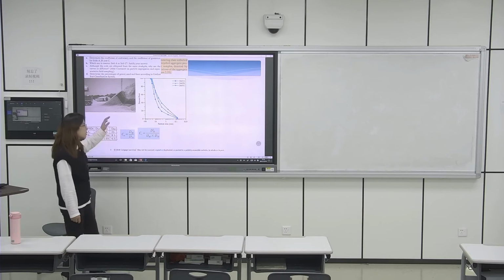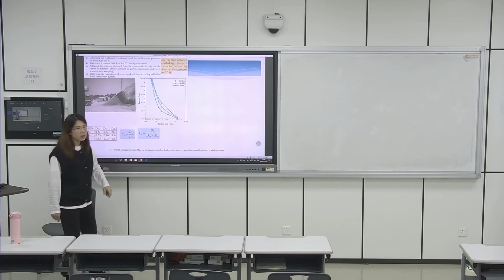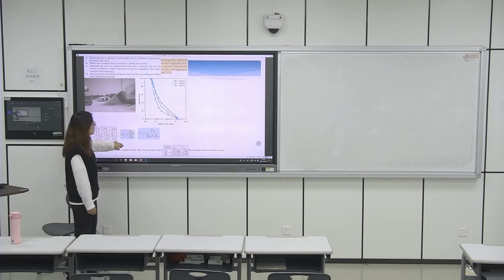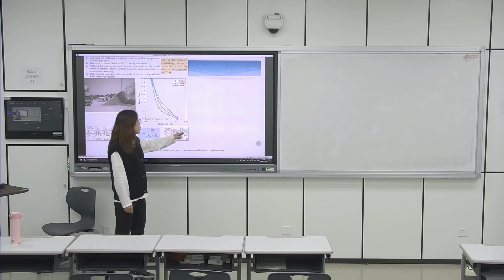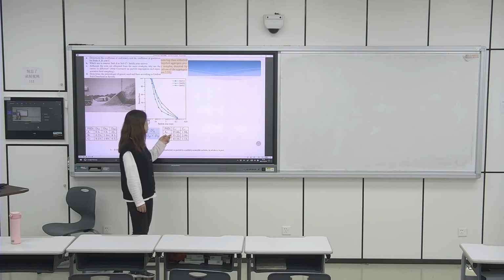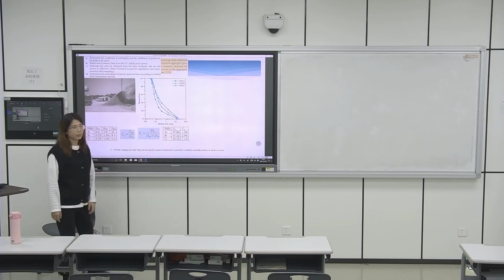So based on this way, you can find the D10, D30, and D60 for soil A, B, and C. Then calculate Cu and Cc with these two equations for soil A, B, and C. Let's see. For soil A, Cc is 1 point almost 2. For B and C, we always calculate Cu and Cc based on these two equations.